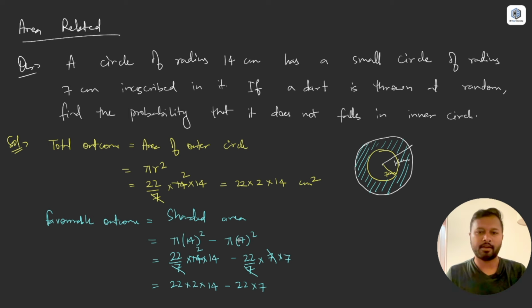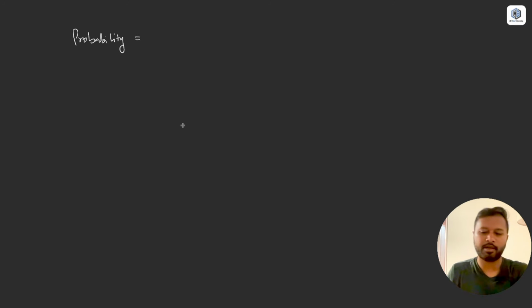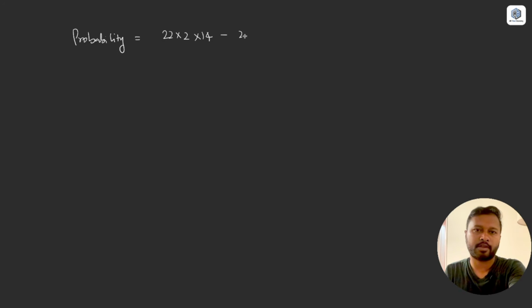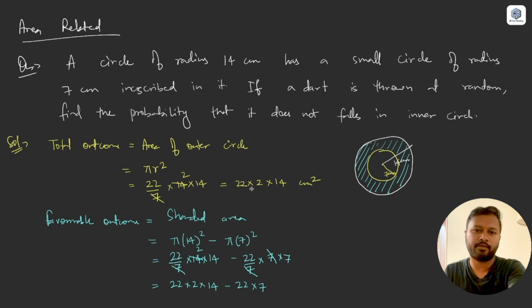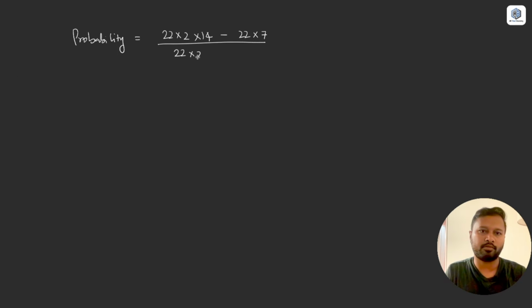So the required probability which you have to find out is the favorable outcome, which is 22 into 2 into 14 minus 22 into 7, divided by 22 into 2 into 14. Okay, so this is what you have to solve. From the numerator you can take 22 common, and you can take 7 common.